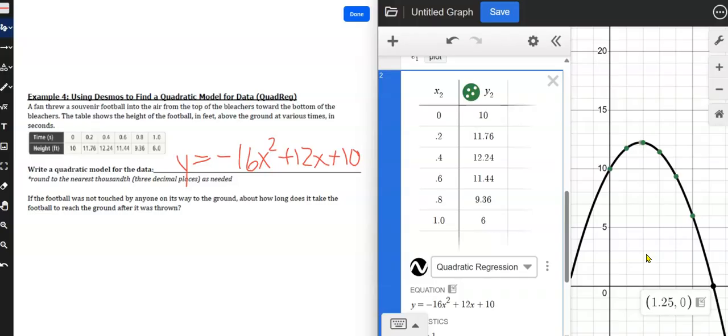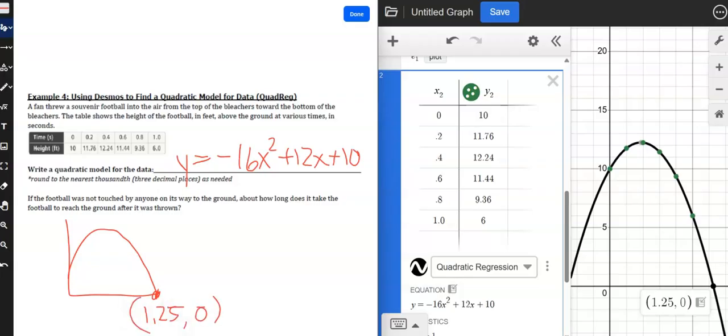You can see in my picture on the far right, it connects with the ground at 1.25 seconds. I think that's it for this particular question. So I think this lesson's over, but we'll see.